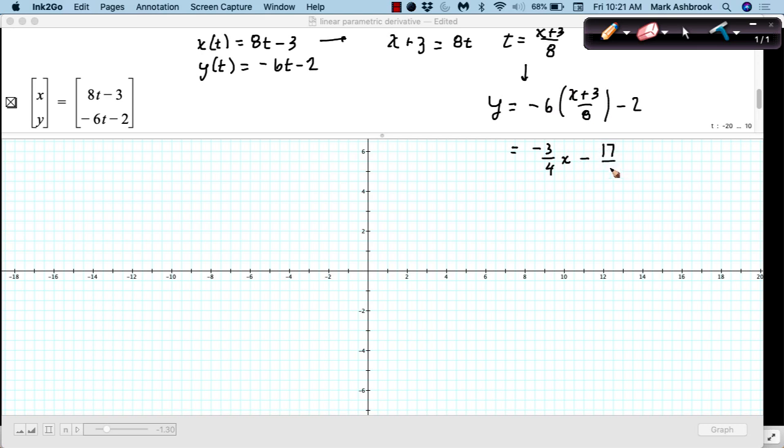Did I do the math right? This is negative 9/4. I think that's right. Okay, so if you have this parametric function, then the relationship of x and y is that y is negative 3/4 x minus 17/4.